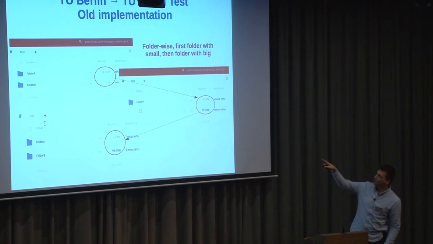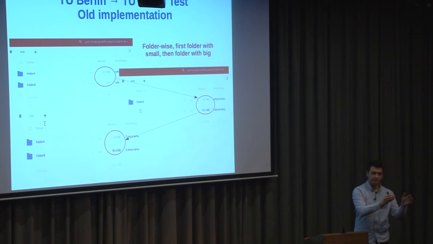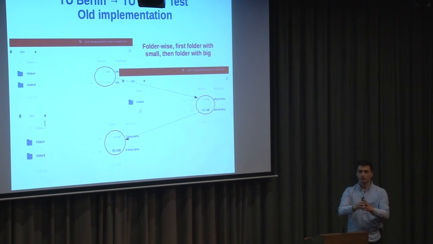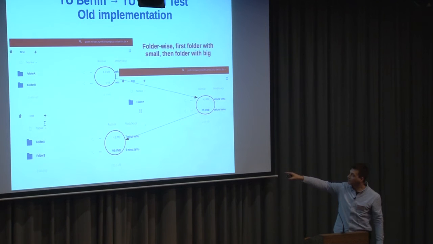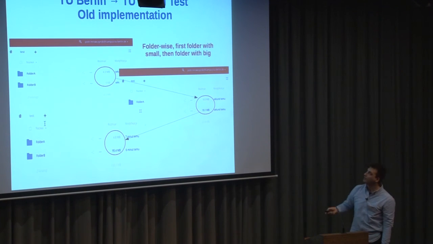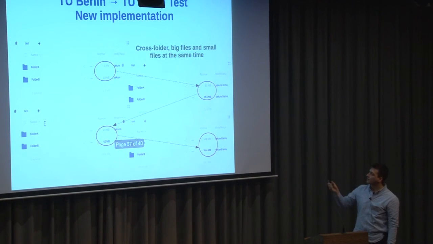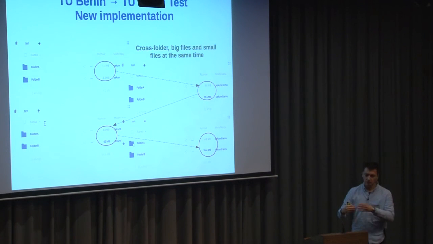With folder A, we had the older implementation, syncing folder by folder. So even though there were small files and big files, we were syncing as we met them. First we synced small files, and after we finished syncing the smaller ones, we started the bigger ones. This is folder-wise sync. Then I turned on the new implementation, and we started syncing smaller files along with the big files.